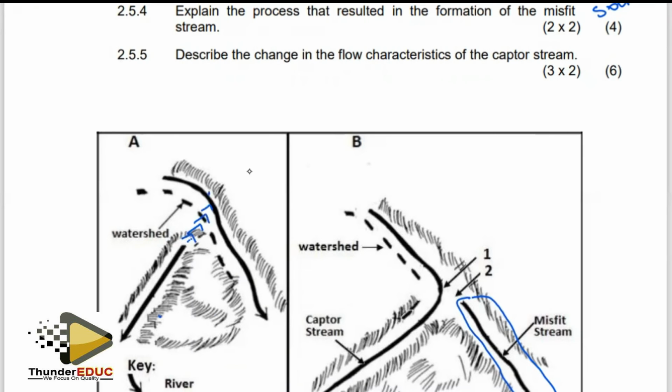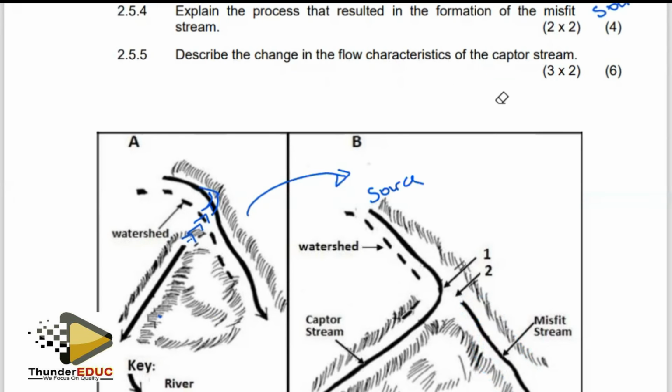Was able now to intercept this stream and eventually steal its source. That's why here, after capturing, you can see that now this stream no longer has its source. It has been now diverted, or it has been stolen, which means the misfit no longer has any water supply. That is how we could explain the formation of a misfit stream.